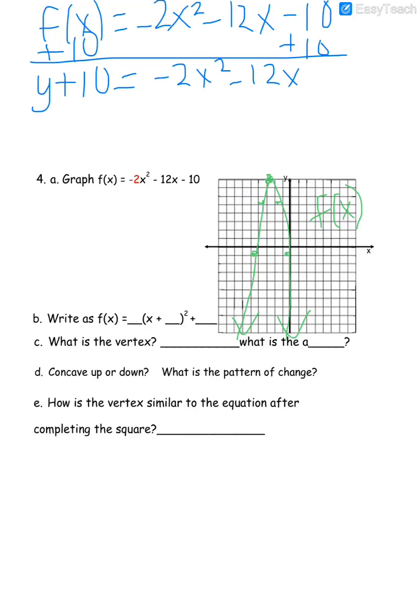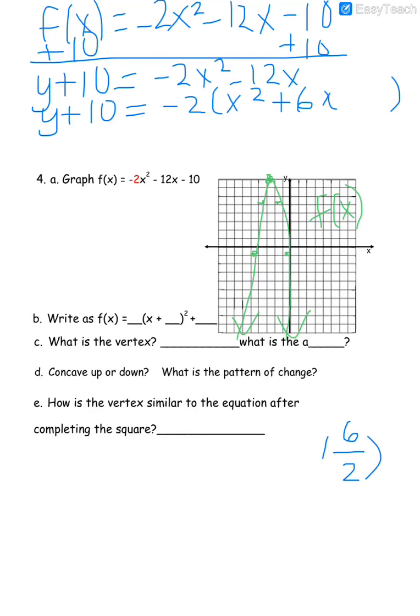We really do want a lead coefficient of 1 when we're completing the square. So I'm going to rip out negative 2. So I have x squared plus 6x. The b term is 6, and when I divide it by 2 and square it, I get plus 9. That's what I'm going to write here.